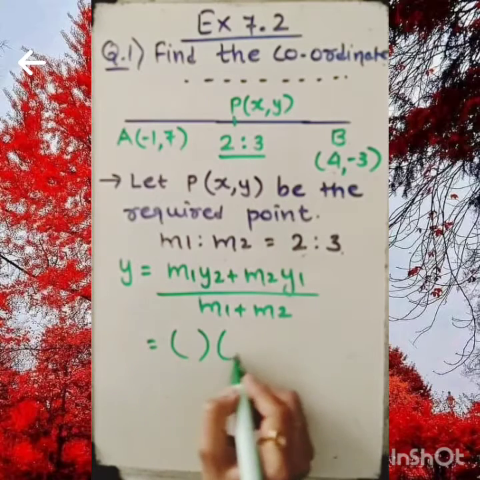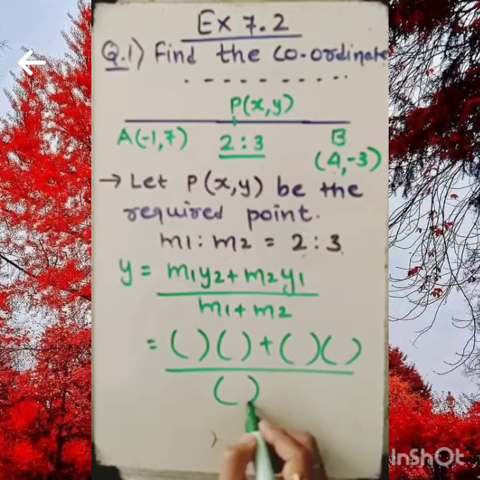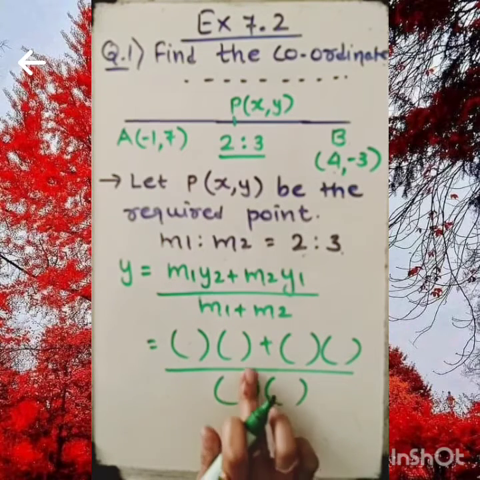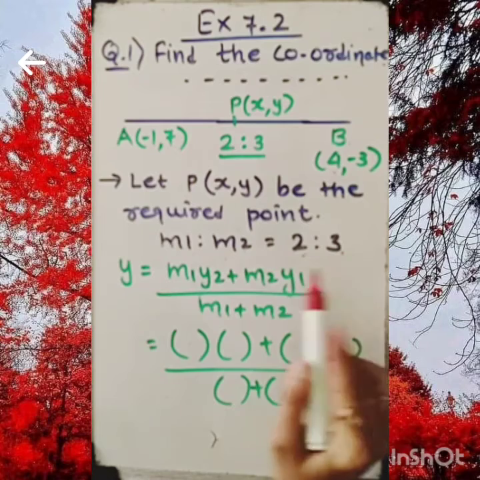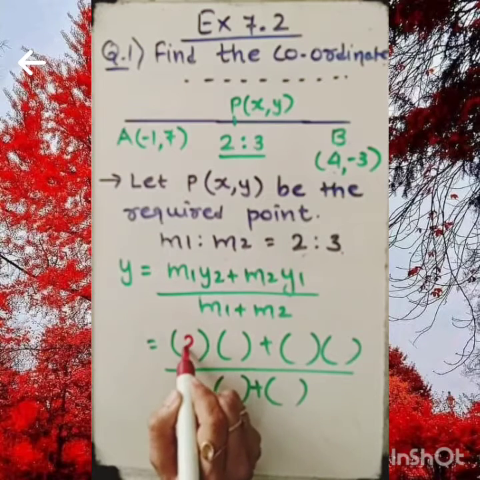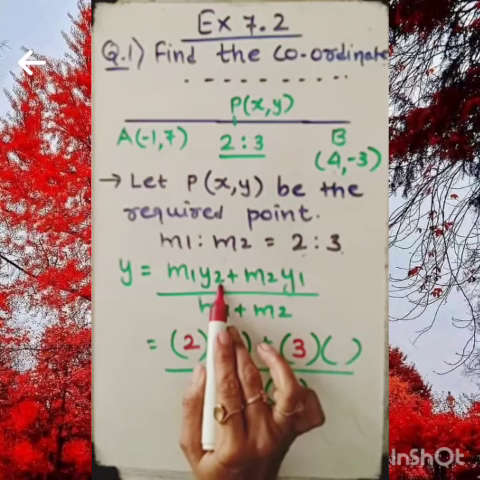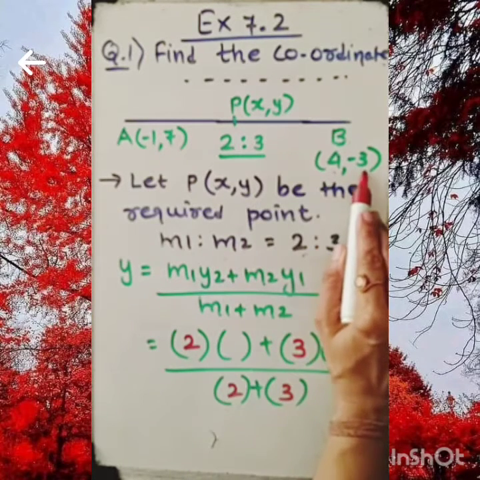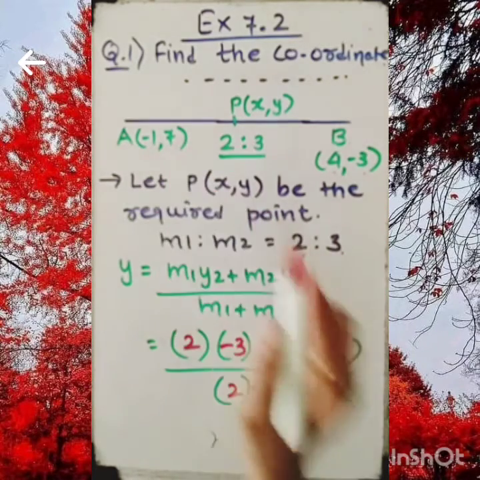I need to substitute the required values at the proper places. Be careful about m1 and m2. m1 is 2 here, m2 is 3, and m1 plus m2. y2 is the coordinate of B point, that is -3, and y1 is 7.